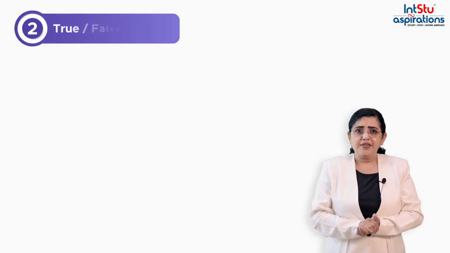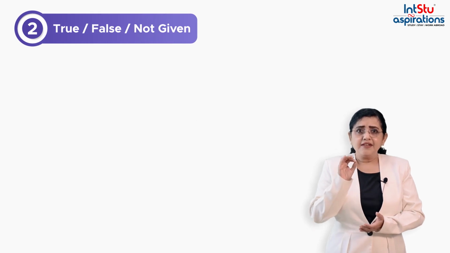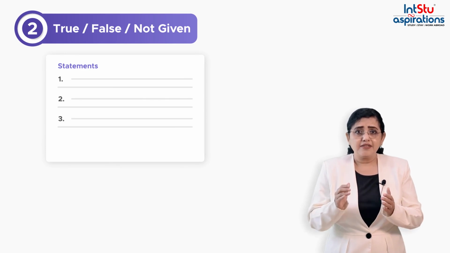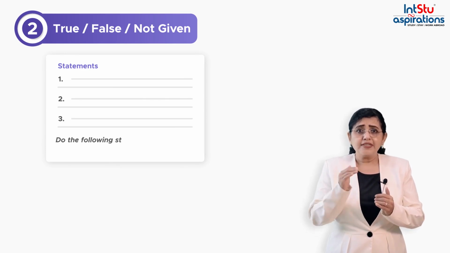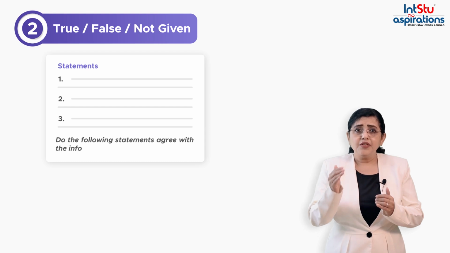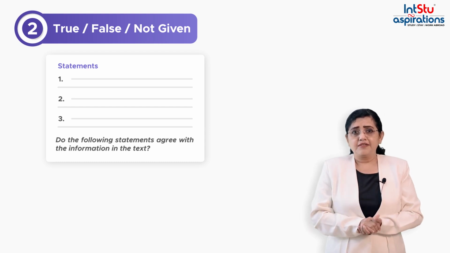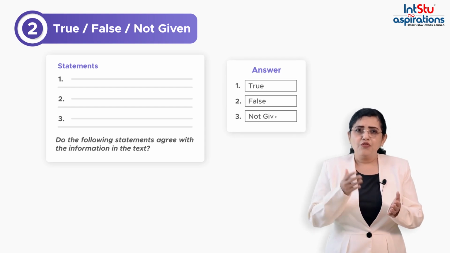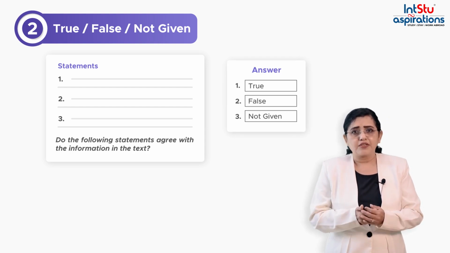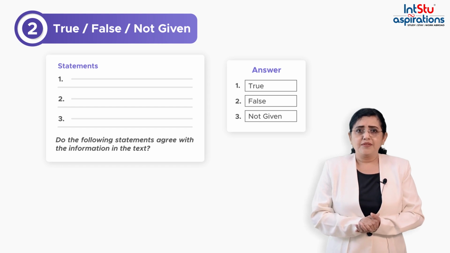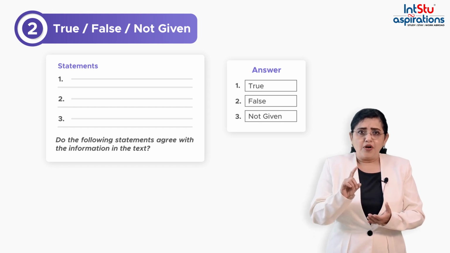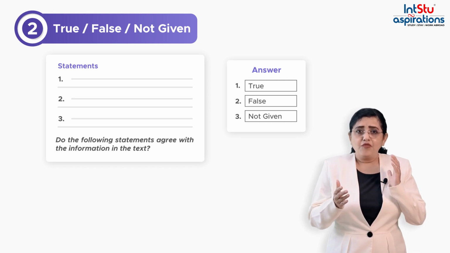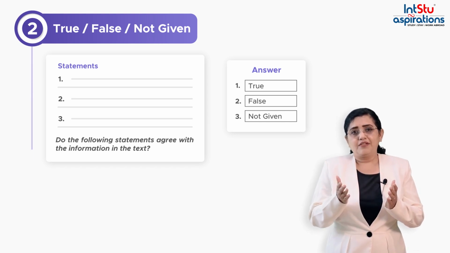The second type is where test takers will be given a number of statements and asked, do the following statements agree with the information in the text? They are then required to write true, false or not given in the boxes on their answer sheet. It is important to understand the differences between false and not given.